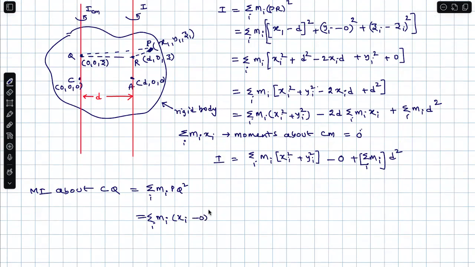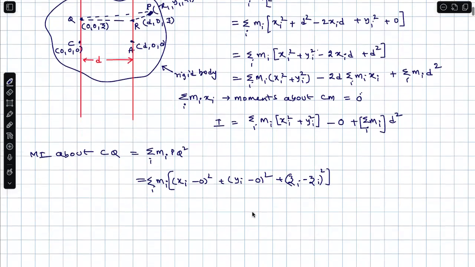Xi minus 0 square plus yi minus 0 square plus zi minus zi square. And this is nothing but, by the way, sigma i mi (xi square plus yi square). You will call this as ICM.